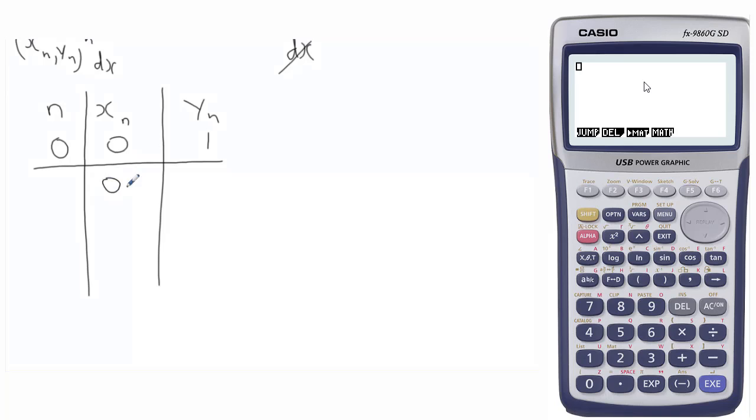So we can say 0.2, 0.4, 0.6, 0.8, and 1. Once we get to there, the corresponding value of y is going to be our answer. So that's going to be 1, 2, 3, 4, 5. We need to do 5 steps.